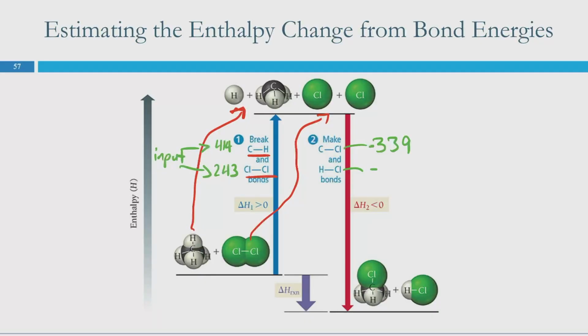And that's going to be a minus 431 kilojoules per mole for all those green numbers. And you can probably see 431 is pretty similar to 414. 339 is bigger than 243. So you can see hopefully we're overall lowering the energy. And that's what this delta H of reaction here is. It would be the difference of whatever that is.